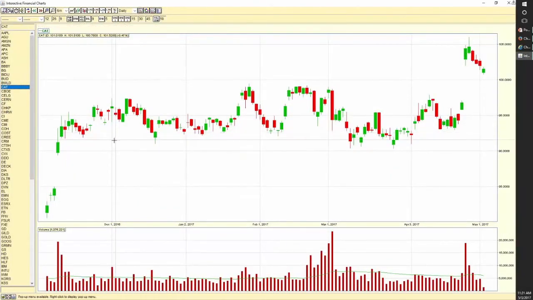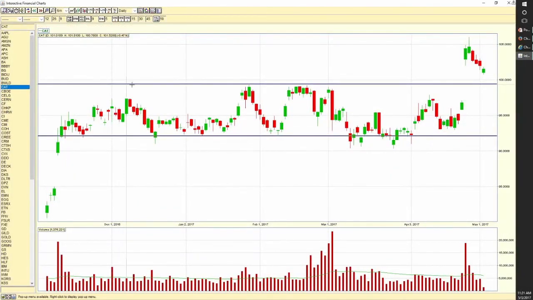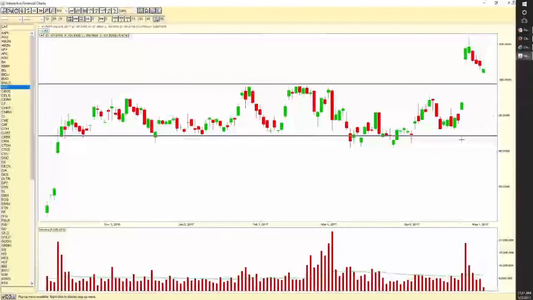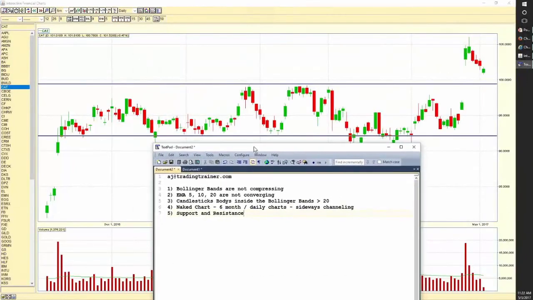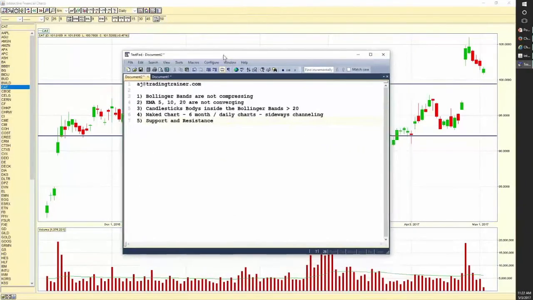Wow, Caterpillar, that's been going sideways for quite some time. It just recently, for the last 5 days, popped out of that zone, although it looks like it's falling right back into that zone. Maybe Caterpillar might be one to look for. So support and resistance clearly being tested multiple times.